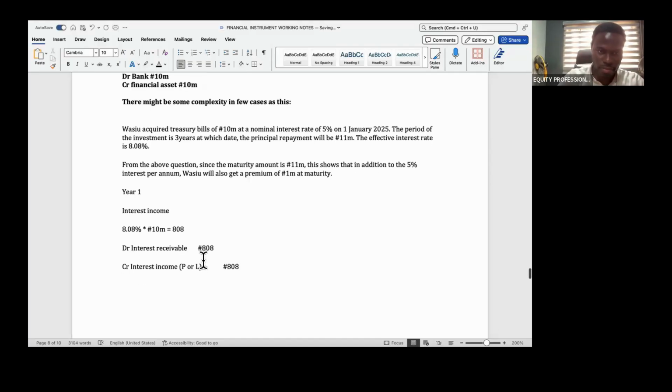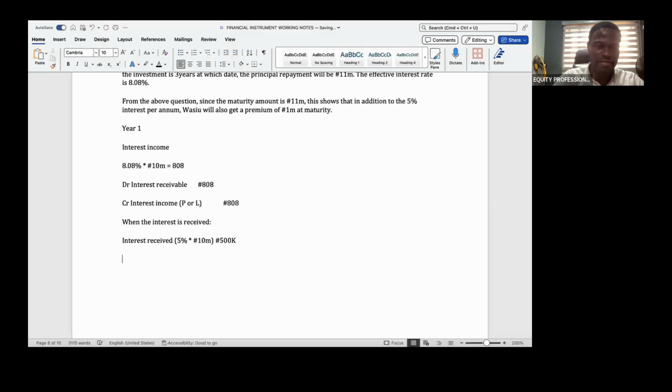However, still in year one, when the interest is received, you need to calculate the interest received. How much interest will be received? The interest you are receiving is actually only the 5% of the 10 million, which is 500K.